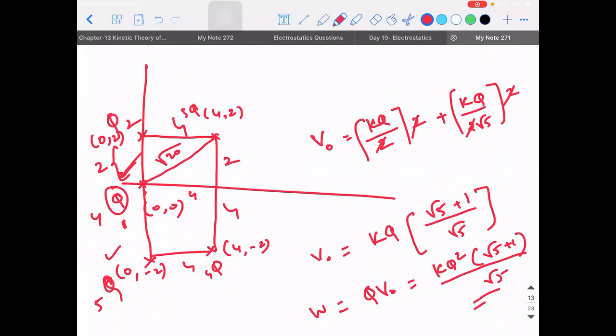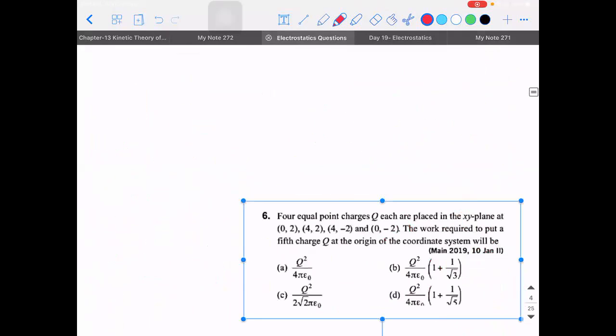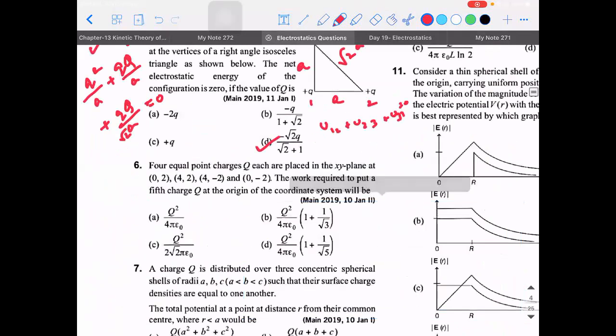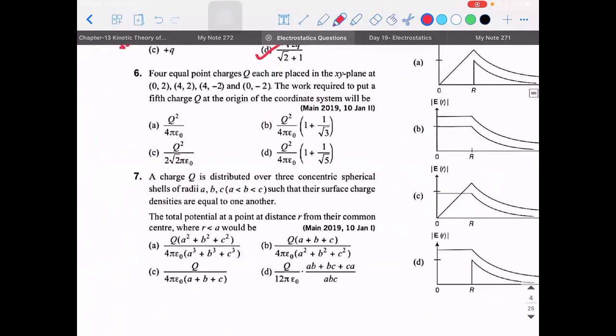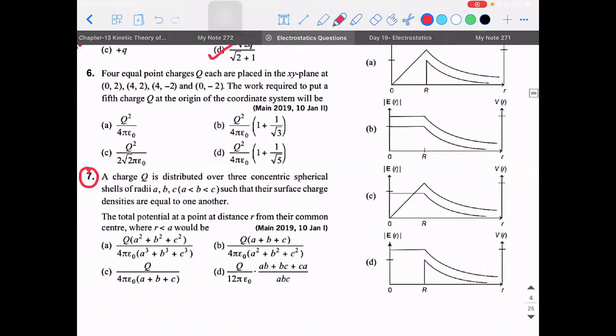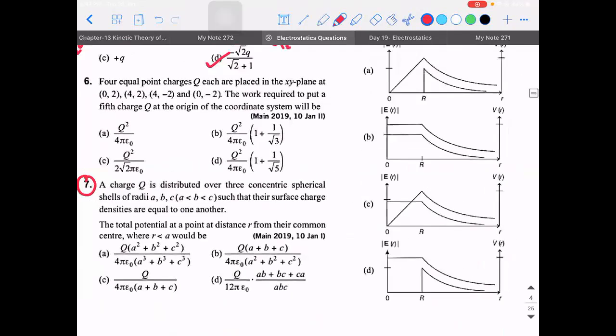So the formula that I use is KQ by R. That's it. So this problem, remind me, okay, I'll explain it tomorrow: how to calculate the potential due to the spherical shell. I'll explain this tomorrow, okay?